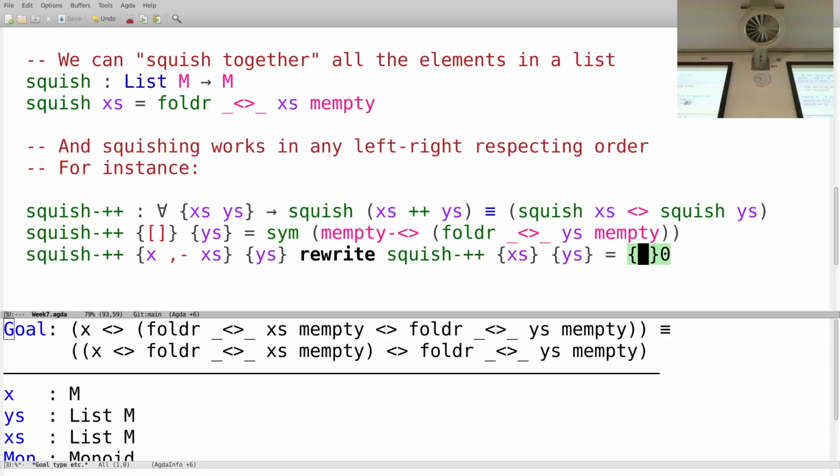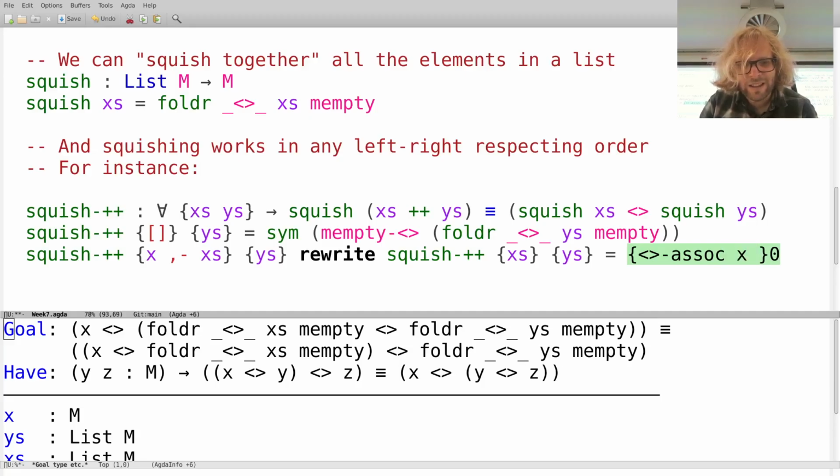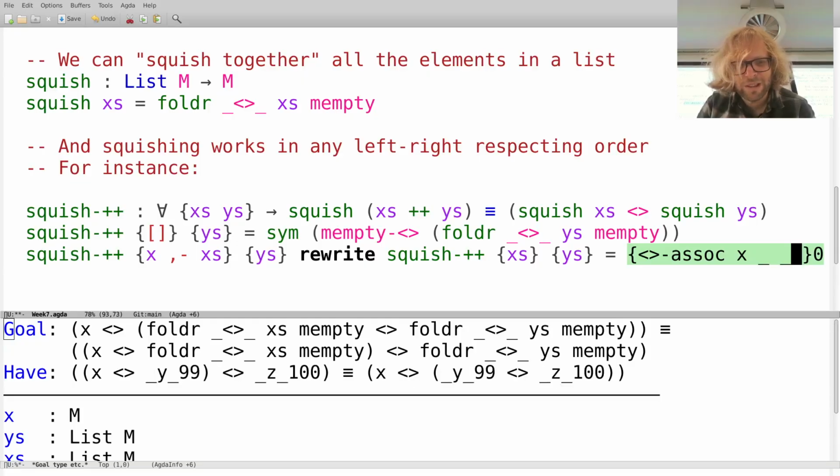We have the same thing in the right order, first x, then the xs, and then the ys. It's just that the brackets are wrong, right? But one of the laws we had in M was exactly that we can put the brackets however we want, right? So if I use associativity, like this, okay, and then I know my first thing is x. And I know that my last two things are complicated to type, so I'm going to just use underscores for them.